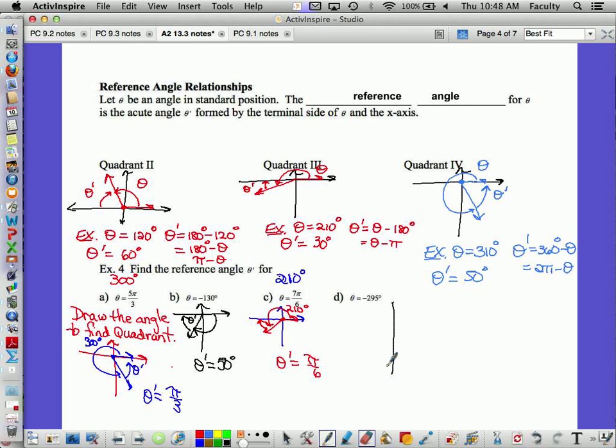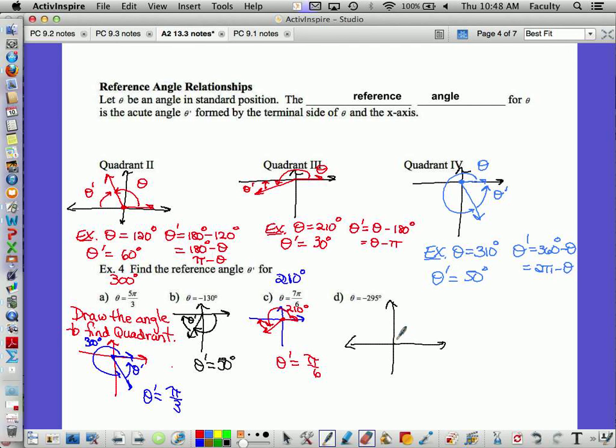All right, then let's look at letter D. I want to rotate negative 295 degrees. So when I'm doing the negative rotation, which is like the opposite of how we normally go, look at the board here with me. If I rotate negative 90, that's here. This is negative 180. There's negative 270, and I'm 25 more degrees into the first quadrant.